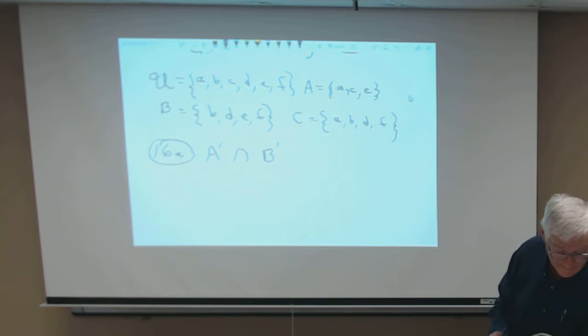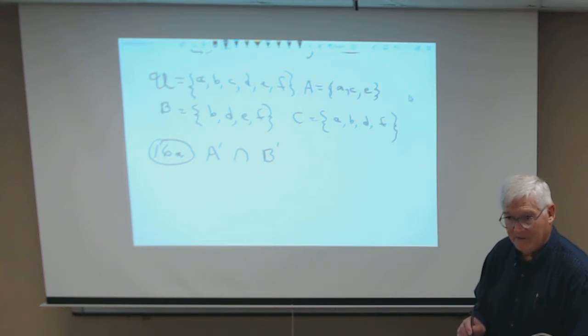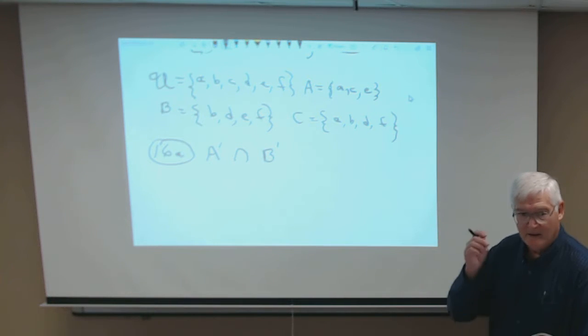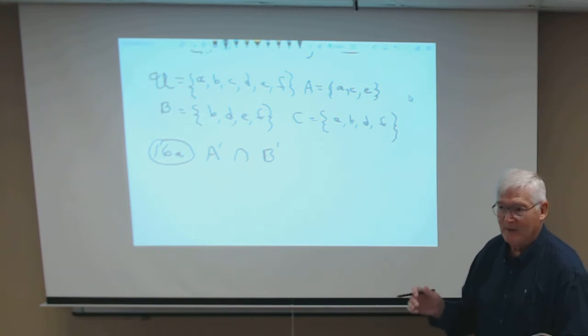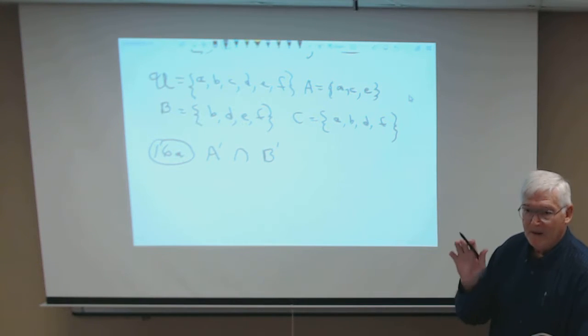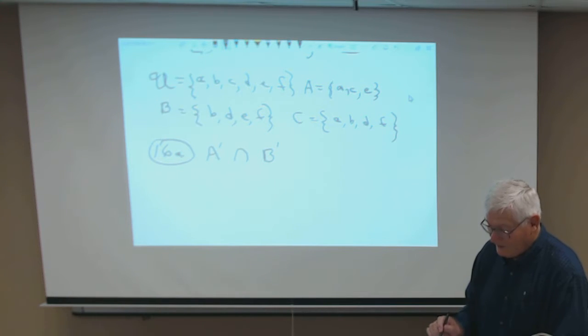From page 65? Did I give you the wrong page? That's the complement of A. It's not A, it's the complement of A. Now, do you know what the complement of A is? I'm about to tell you. Put it in your notes. The complement of A is everything in the universe that's not in A.